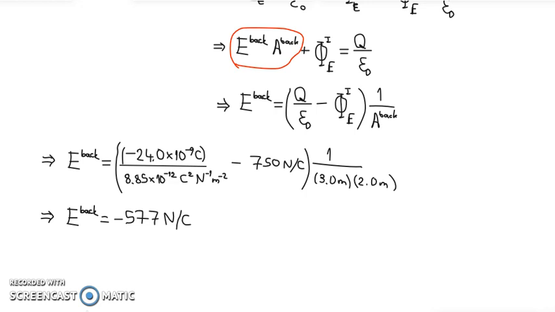Well, the enclosed charge in the box is negative, right? From a negative enclosed charge, we would expect the electric field vector on any surface to point inward into the volume. But that is not the case for surface 1. For the front surface, we know that the electric field is pointing away from the surface. And that is only possible if there are external charges that are contributing to the electric field.